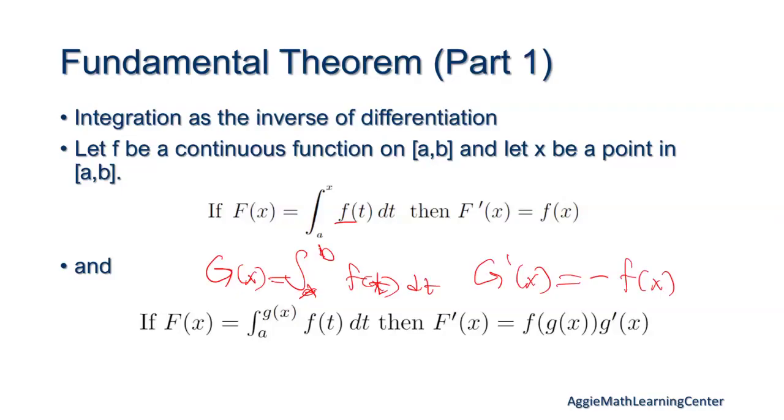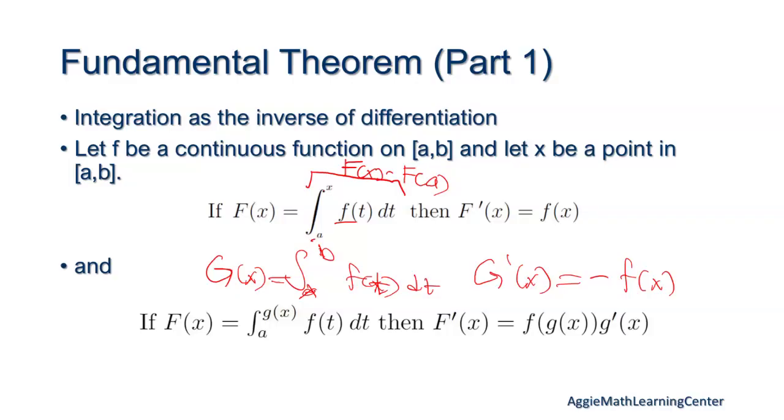Because if we did solve this integral directly, it would be big F of x minus big F of a by the second part, which we haven't talked about yet. Then we take the derivative of that, and it goes back to f of x. So that's why this negative shows up.